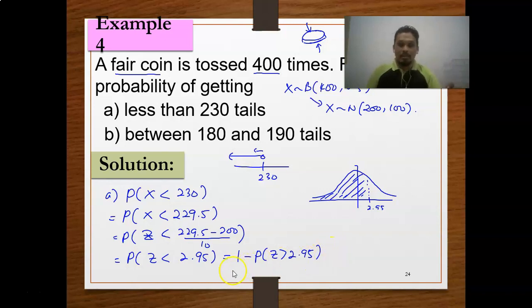So class, let's find out Z greater than 2.95. Here is 2.9 and match with 0.05. So 2.9 here is equal to 0.00159.